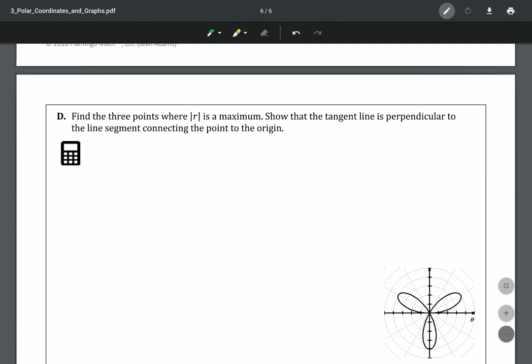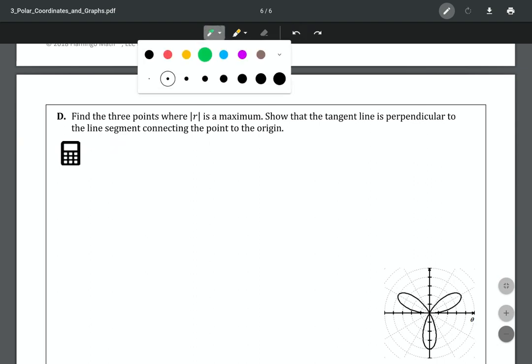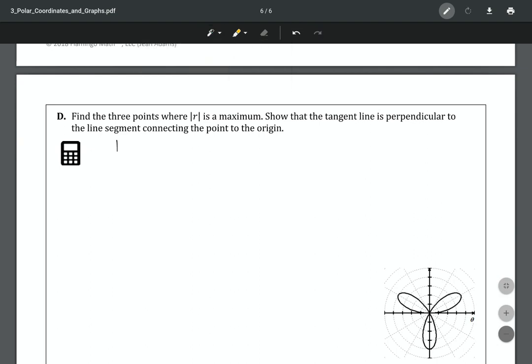So to find, remember, that means the length of r. To figure that out, it's actually not too bad at all. First, to figure out this right here, I guess technically you would set, what was this original function? 4 sine.